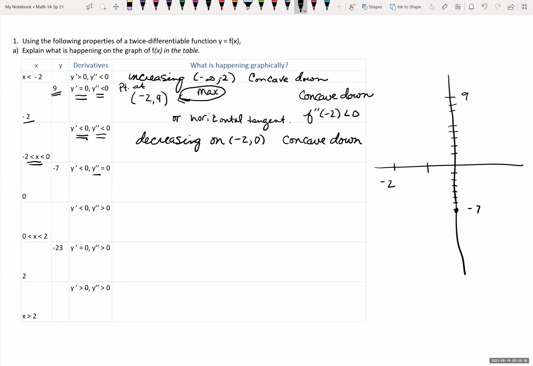Next piece says that we have a point at 0, 7. It's decreasing there. We already knew that. Increasing, concave down, decreasing, concave down.